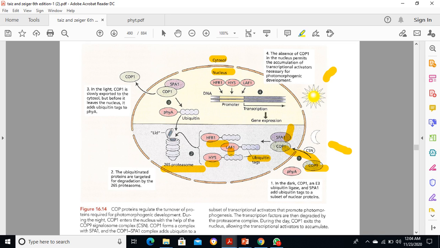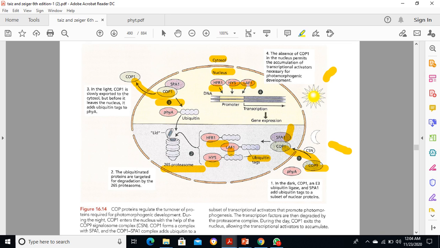Then in the morning or in the presence of light, COP1 is present inside the nucleus, isn't it? In the night they are present in the nucleus. So this COP1 will move out to the cytosol from the nucleus. So since COP1 is absent, there is no one to add ubiquitin tag to HFR1, HY5 and LAF1. So what are HFR1, HY5 and LAF1? I told you that they are the photomorphogenic regulating genes. Okay.